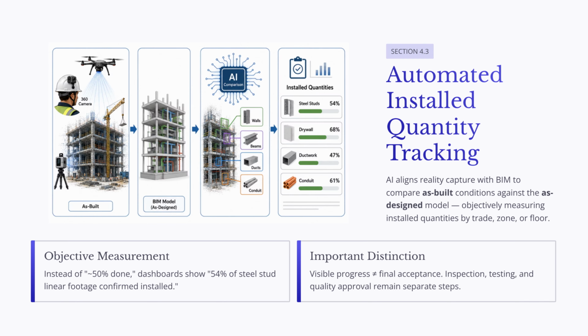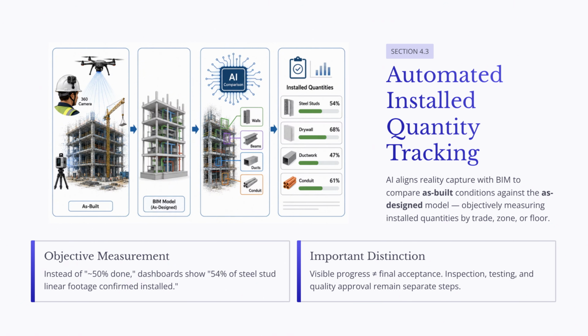The value of AI becomes even clearer when computer vision and reality capture are connected with BIM. This enables automated installed quantity tracking. In a traditional process, the team may rely on a superintendent's estimate or a subcontractor's progress report. But with AI-supported tracking, the system compares the captured field condition with the planned digital model.